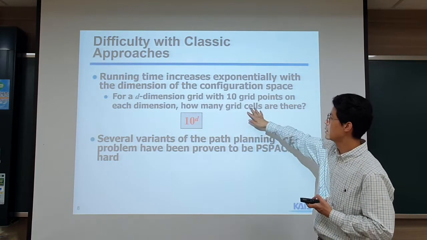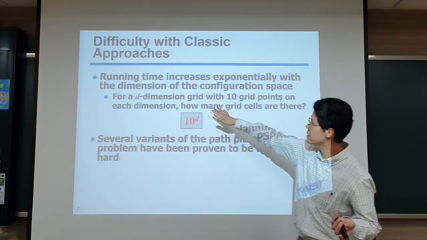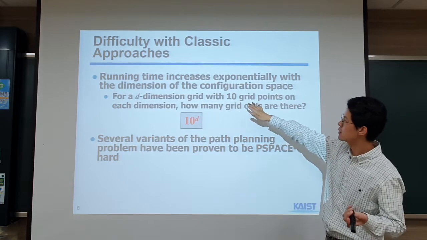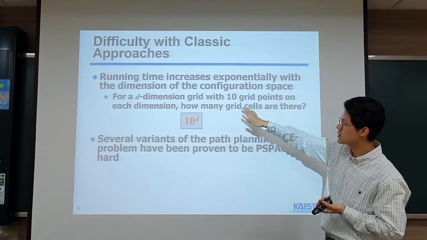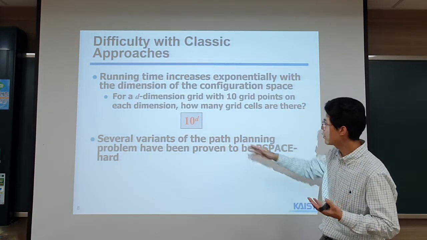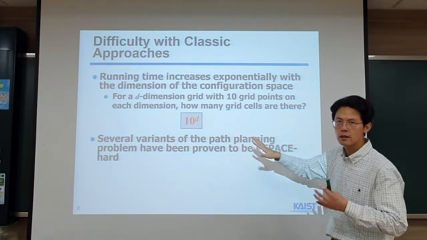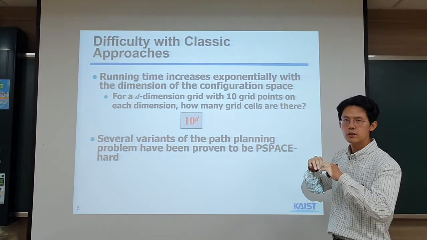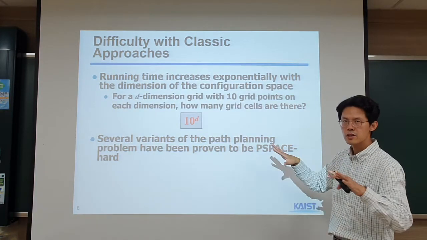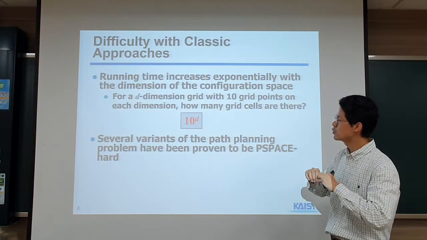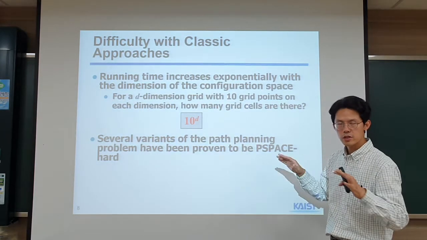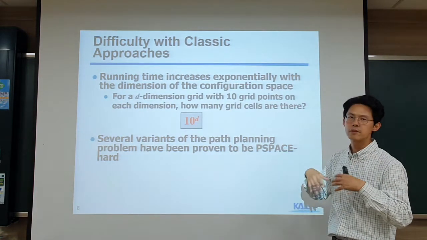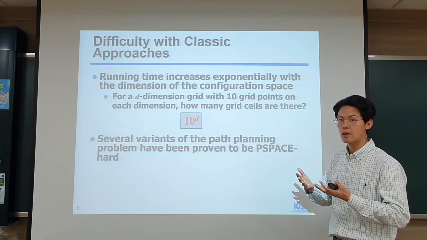For example, in the D-dimensional case with a grid of 10 grid points on each dimension, there are so many grid points. Based on those grid points, we can create a very large graph with a lot of edges, so it takes a lot of time even to run a simple algorithm like the A-star algorithm.